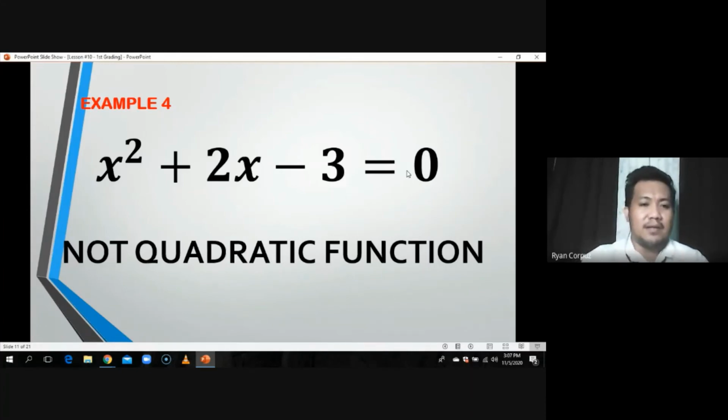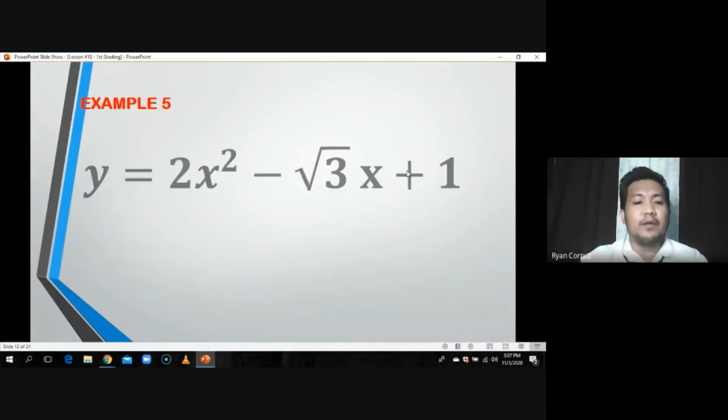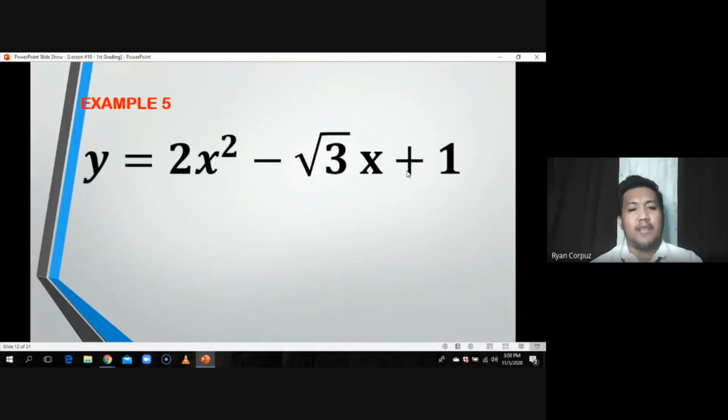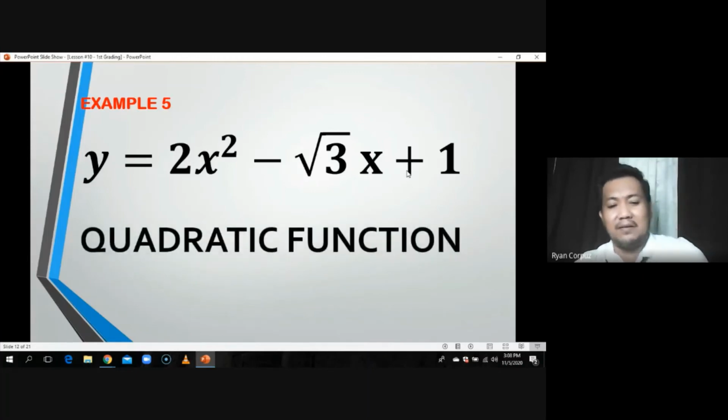So, let's have number 5. For number 5, the given is y is equal to 2x squared minus square root of 3x plus 1. Analyze the given equation, then determine if it's quadratic function or not quadratic function. On analyzing it, you will find out that it is quadratic function. Oh, baka may naguguluhan kung bakit siya quadratic function.